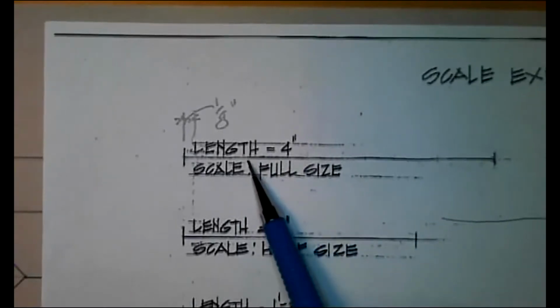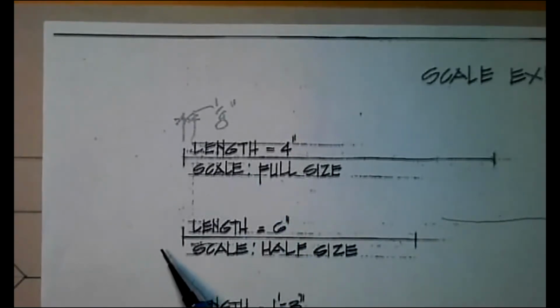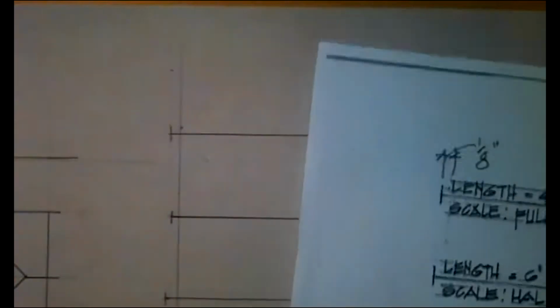So here's what you're going to have: 1/8 of an inch high text, then 1/16 space, line, 1/16 space, 1/8 of an inch high text.